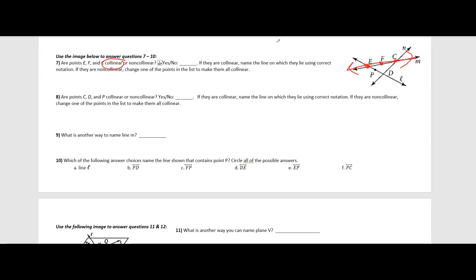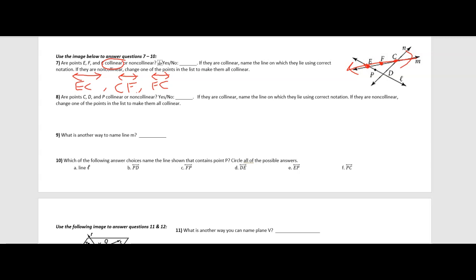And it says if they are collinear, name the line on which they lie using correct notation. So we can choose any of those points. We just can't choose all three. We need to choose two out of the three. So a couple options are, we could say line EC, we could say line CF, we could say line FC, and those aren't the only options, but you get the idea.